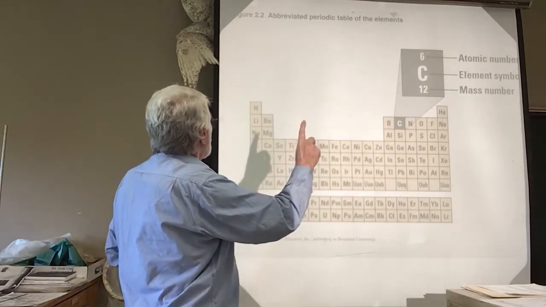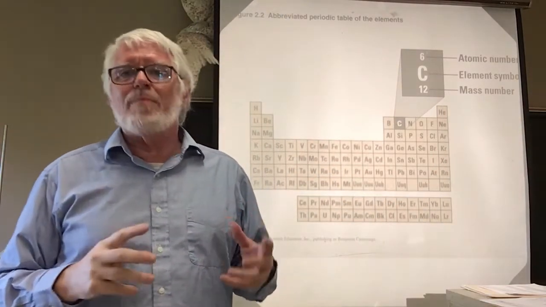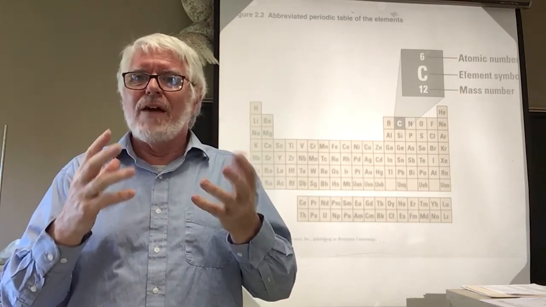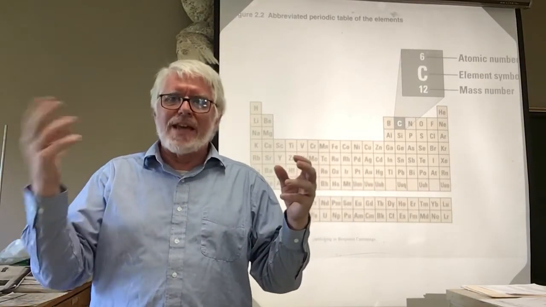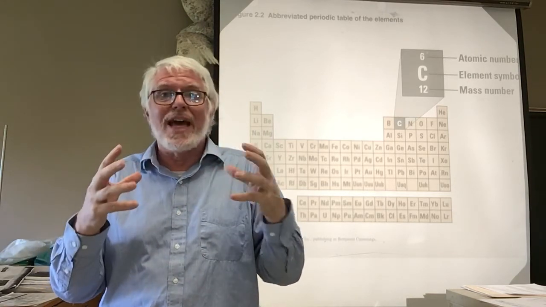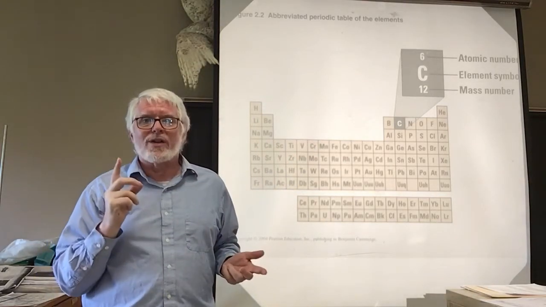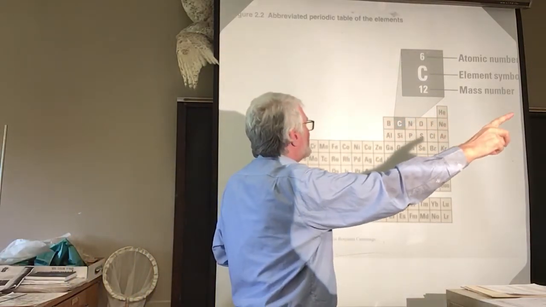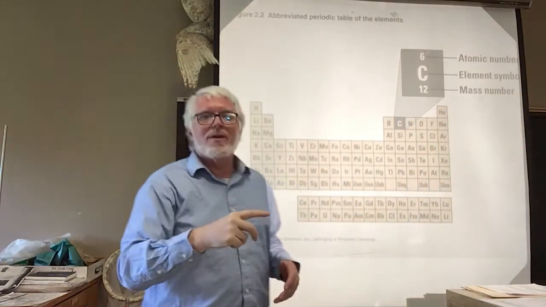Now, these are not just arbitrary numbers on the columns. This number corresponds to how many electrons are in the very outer level of these atoms. If they have a balanced number of electrons to protons, if the negative charges and the positive charges are in balance, an uncharged atom, then what's in the last level out? Well, in column 1, there's only 1 electron out there. Column 2, there are 2 electrons, 3, 4, 5, 6, 7, 8. Now you notice there's only 2 in the first row.